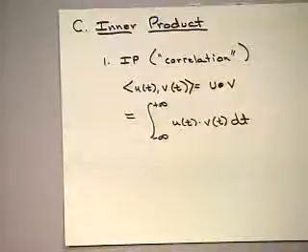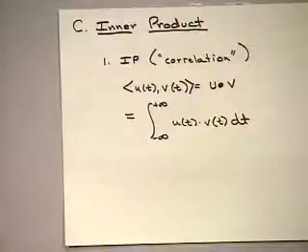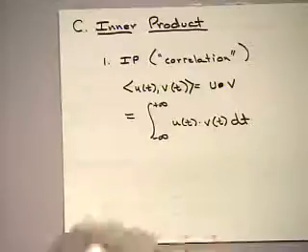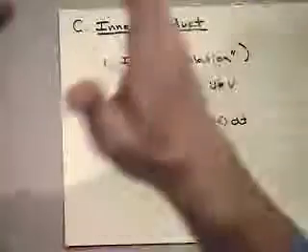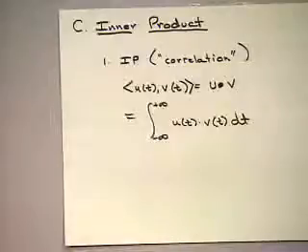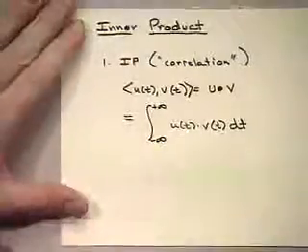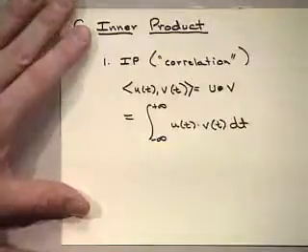You remember from your basic physics class, if you took a couple of vectors and took their inner product or dot product, you take the first components of the two vectors, multiply them together, add it to the product of the second two components, and so on, up to the last components, and add that together. Well, this integral is just doing that in continuous time. So you can look at it as being a dot product or an inner product.